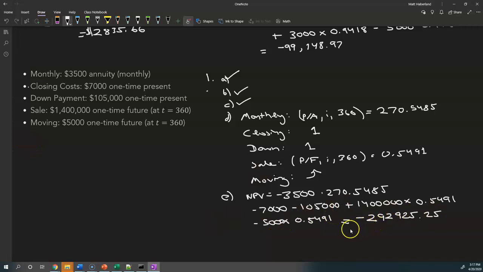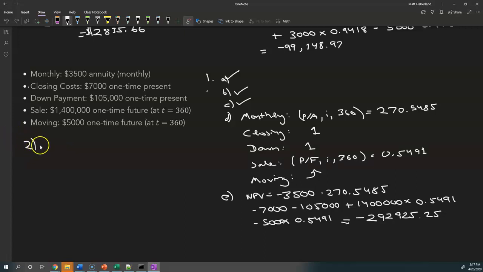Okay, so the net present value of that over 30 years is negative $292,925. So you're not making money off this house relative to just keeping your money in a bank account. Because you're paying more in interest over that time than you would, the interest rate that the bank is using is higher than the interest rate you can be earning.